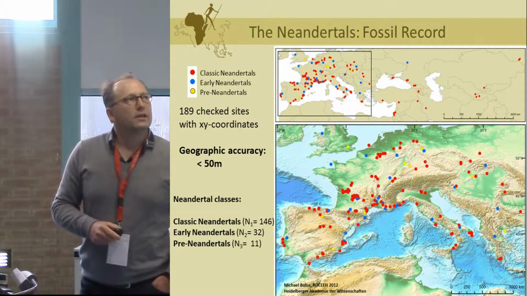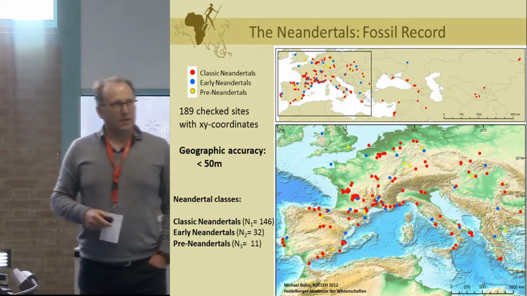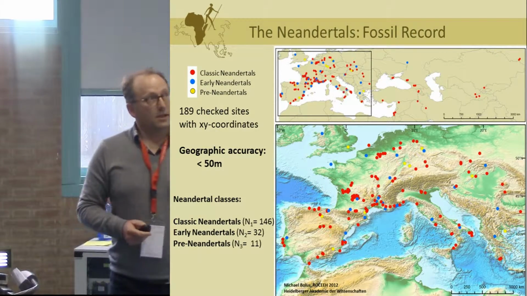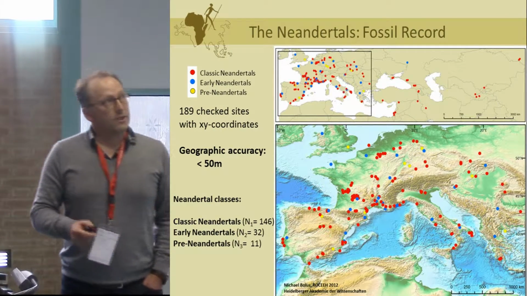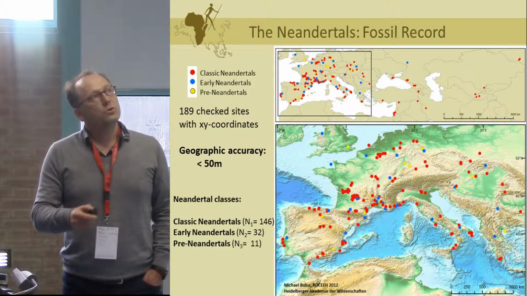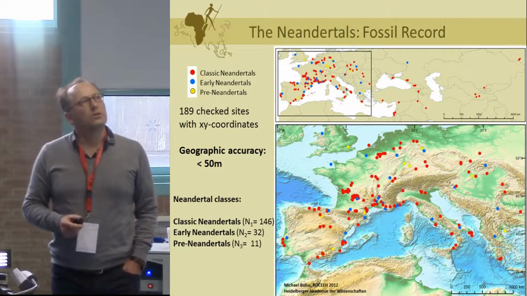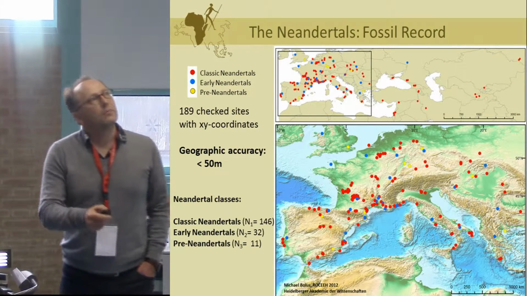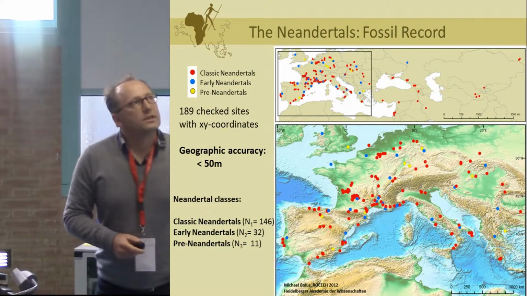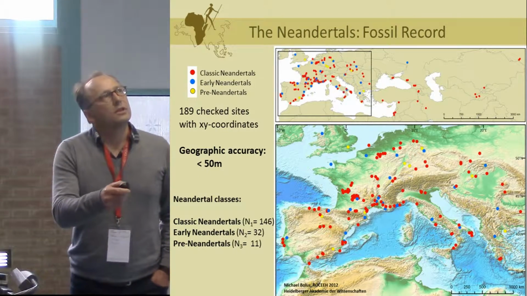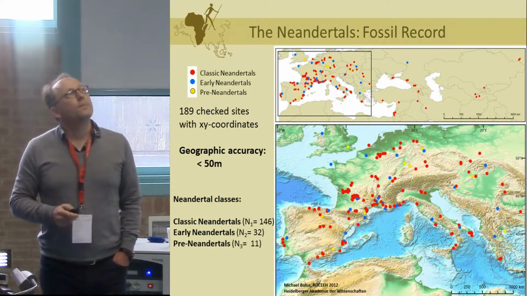So the pre-Neanderthal class cannot be used for the statistical analysis because we have far too little information for doing proper statistical analysis. On the right-hand side, you see the spatial distribution of the different Neanderthal classes around Europe, and as we have seen in previous presentations, also here towards the east, so the distribution of the Neanderthal habitats.